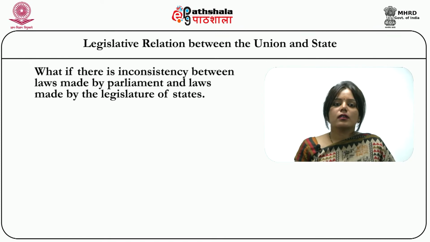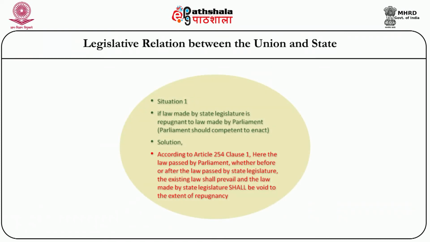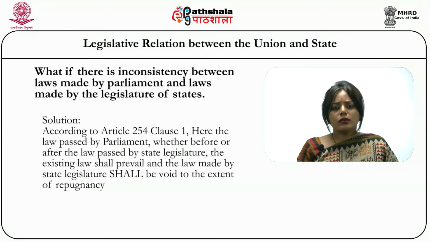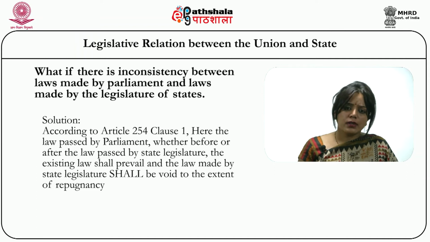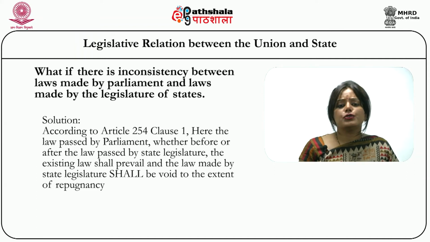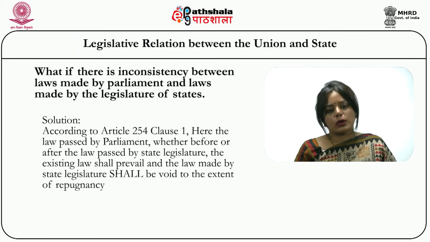The situation is, if a law made by the state legislature is repugnant to a law made by Parliament, or Parliament is competent to enact, then what will be the solution of such problems? To solve this problem, we will take the help of Article 254 Clause 1.